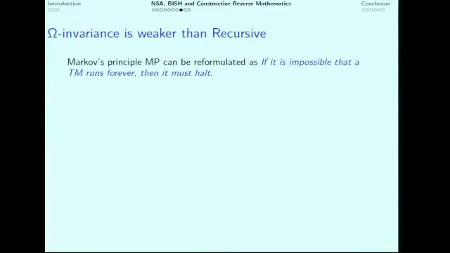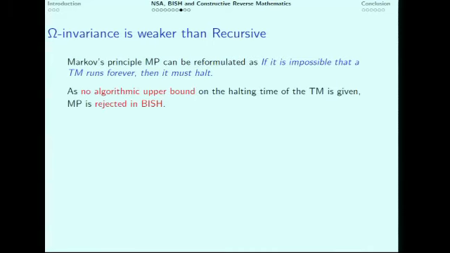But there is no algorithmic upper bound on the time or place where it holds, so it's rejected in constructive analysis. So Bishop's notion of algorithm can be identical to recursive.